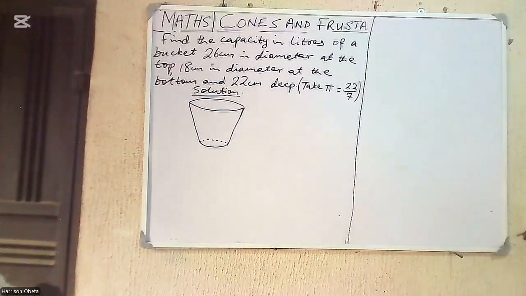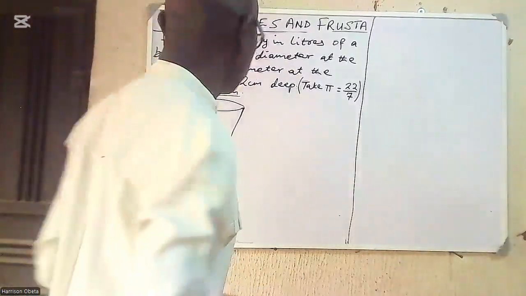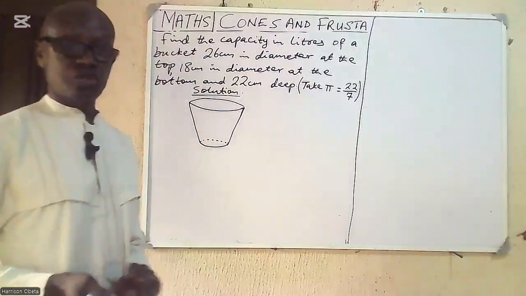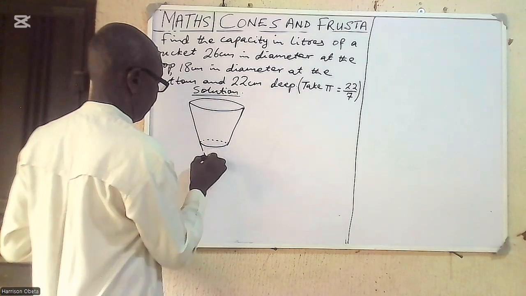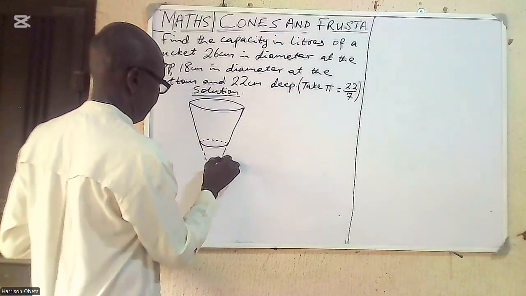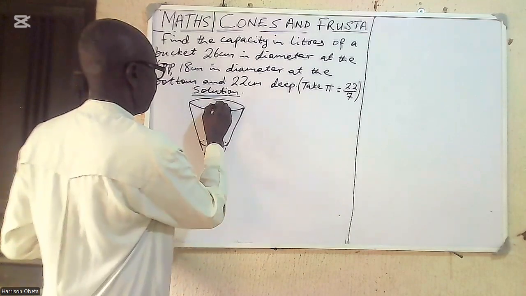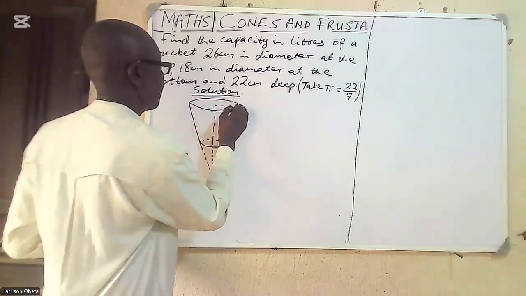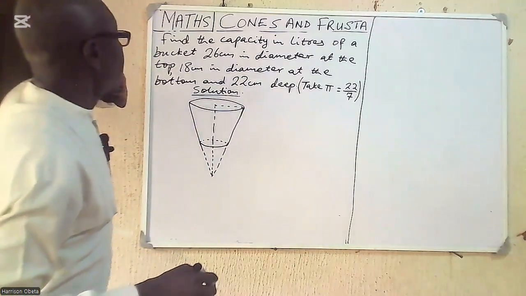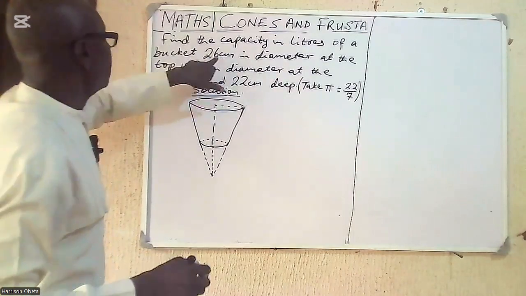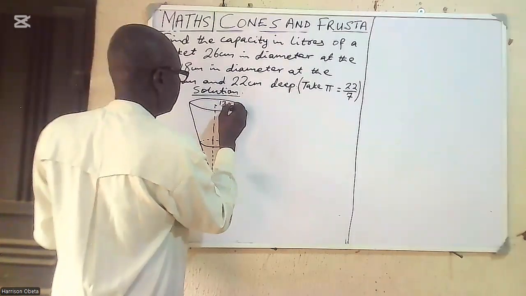Okay, we have the bucket on the board. But before we continue, we have to complete it to be in the form of a cone, because this is an example of a frustum, as I said earlier. So we have this. 26 cm in diameter at the top, that means the radius should be 13 cm.